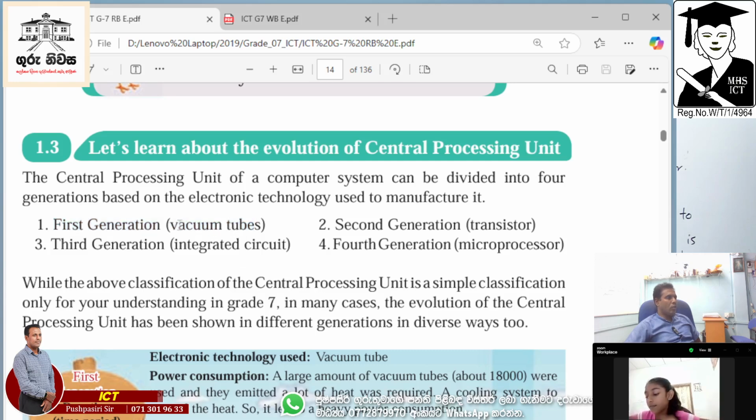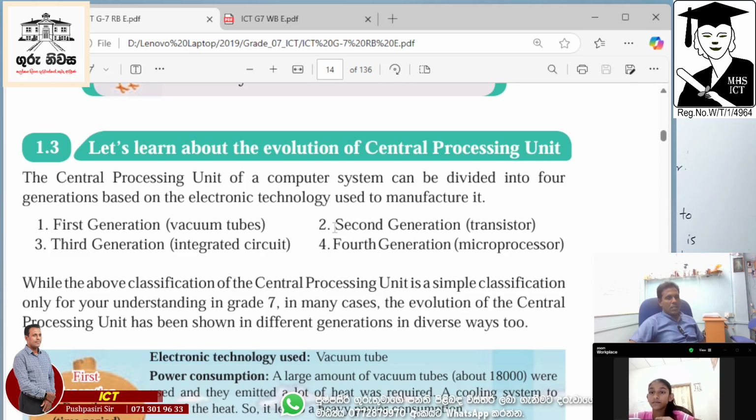First one, vacuum tube. V-A-C-U-U-M tube. Vacuum tube. Okay, right. Second one, did you write down the second one? Right.